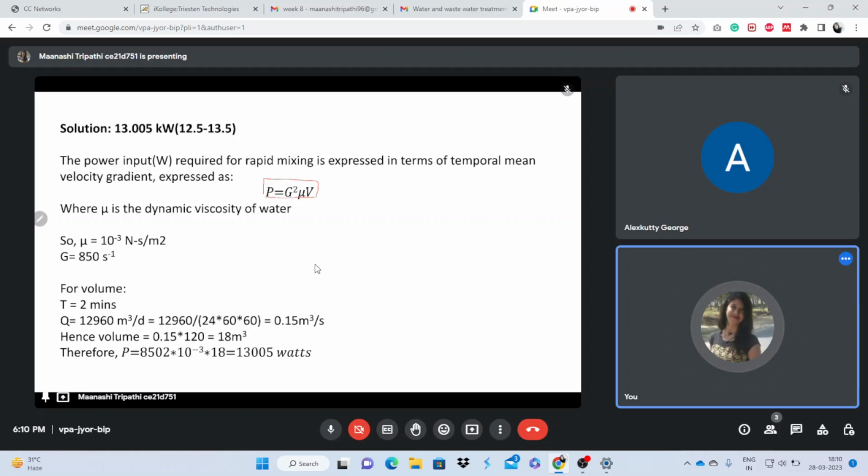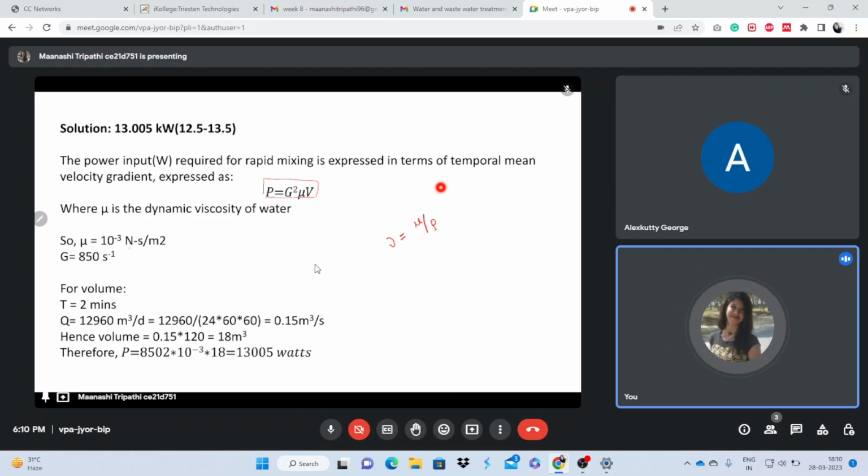So mu is the dynamic viscosity. Kinematic viscosity is mu divided by the density. But here dynamic viscosity is required.